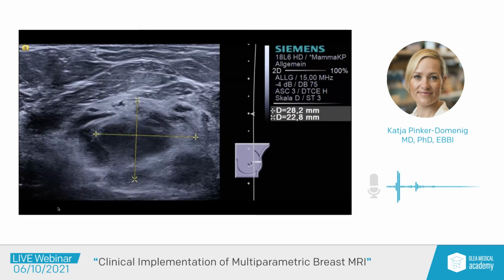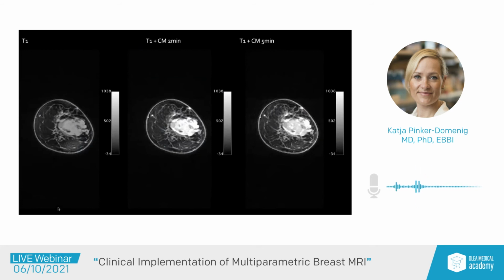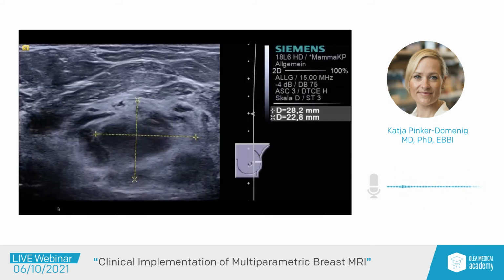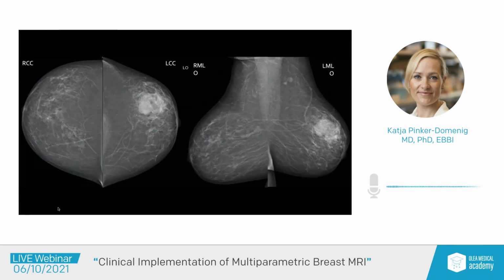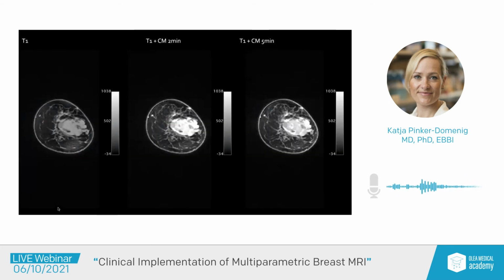So I negotiated with her what else we can do to find out whether this is not a cyst. And I recommended, let's do an MRI and go back to look at the size of the mass here. The MRI was performed, I think, 5 days later, and we see a scary lesion. That is a rapidly enhancing lesion, which with the naked eye shows really a washout in several areas.